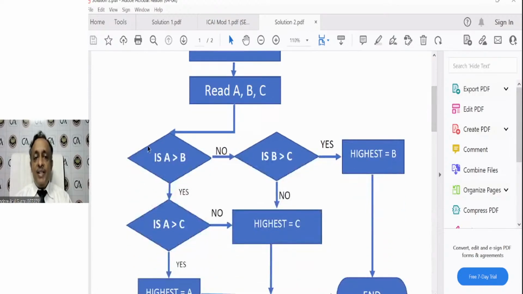Now this rhombus, this is what you call a decision symbol. The rhombus is going to have one input, and because a decision has to be made, whatever condition is defined in the rhombus will have two possibilities, either yes or no. Okay. So let us do it the way it is written.